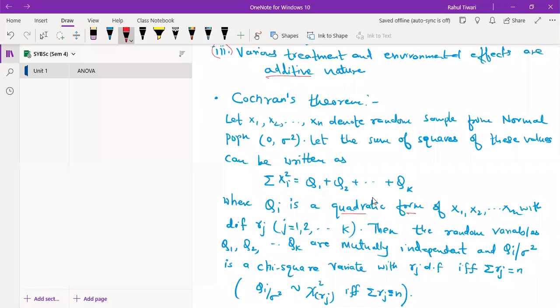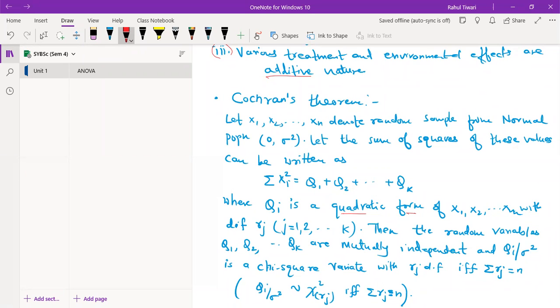These qi's are mutually independent, and qi, a quadratic form, divided by sigma square follows chi-square. Then putting the condition that the sum of Rj is equal to n, if it is satisfied, the Cochran theorem holds and one can easily apply the concepts of Anova, that is, one can perform Anova.